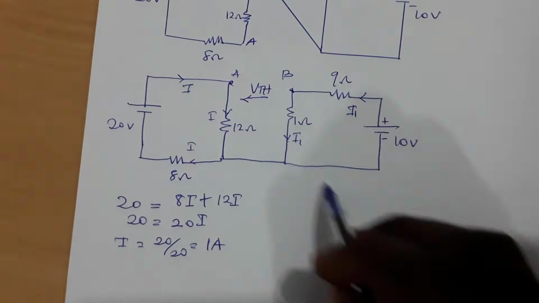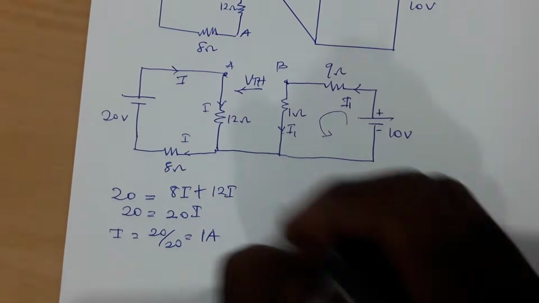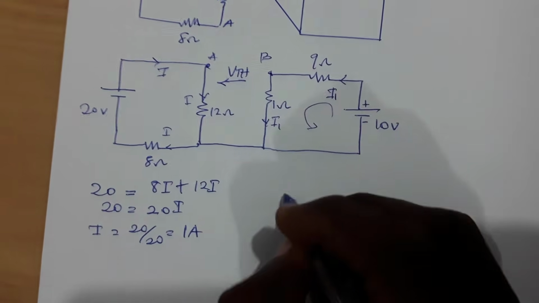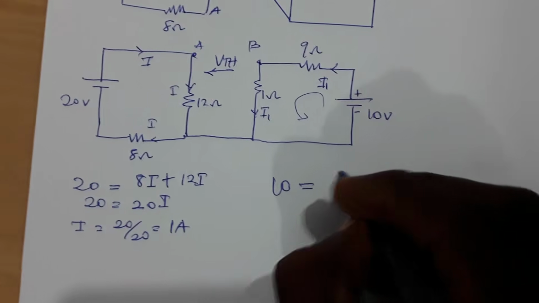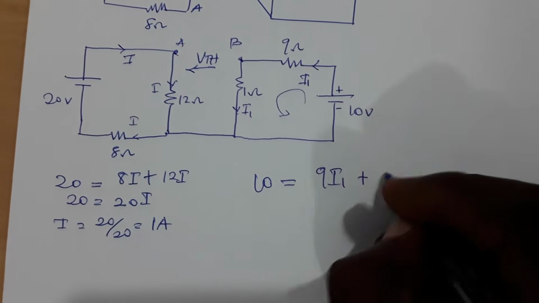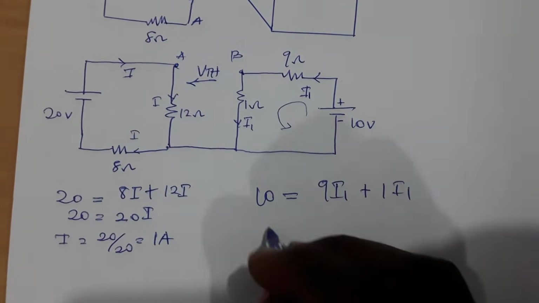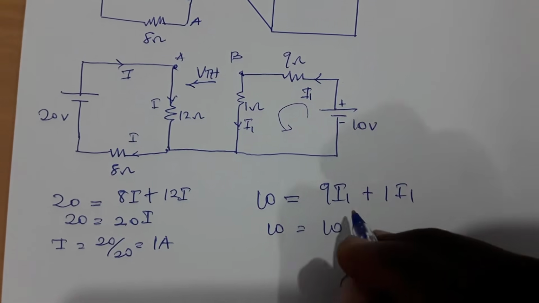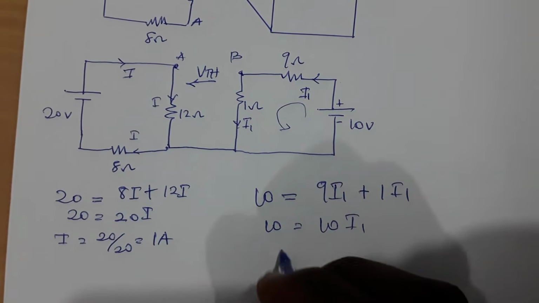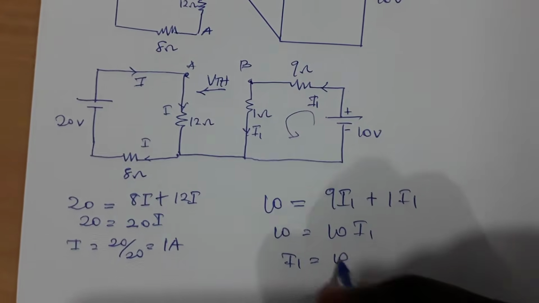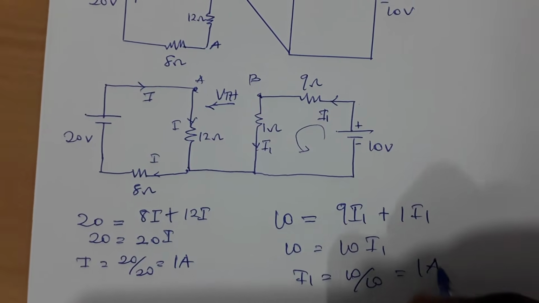So taking this loop in this way, counterclockwise, we can say that 10 volts should be equal to 9I1 plus 1I1. This 10 should be equal to 10I1. So I1 here will be equal to 10 out of 10, which is 1 amp.